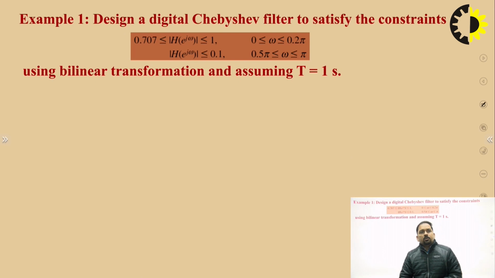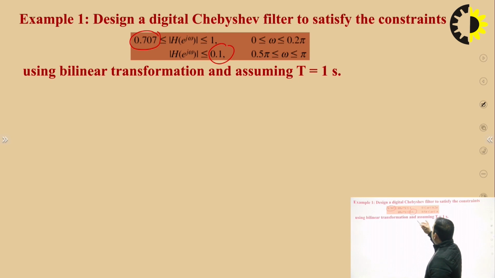So these are the design steps. First of all, we have the digital frequency specifications of a low pass filter mentioned, and we need to utilize a bilinear transformation by assuming T equals 1. From these digital frequency specifications, we have 0.707 as the attenuation in the pass band, whereas 0.1 is the attenuation in the stop band.